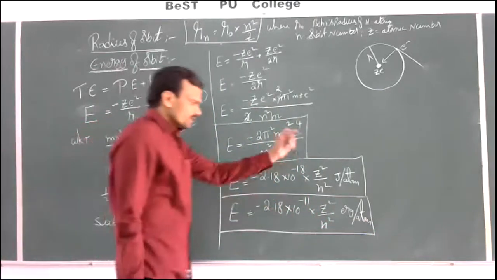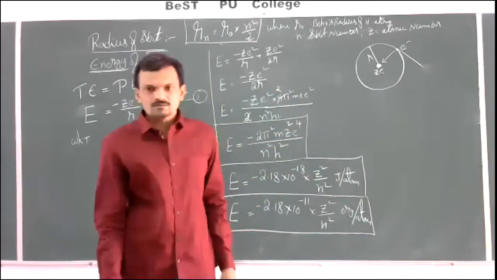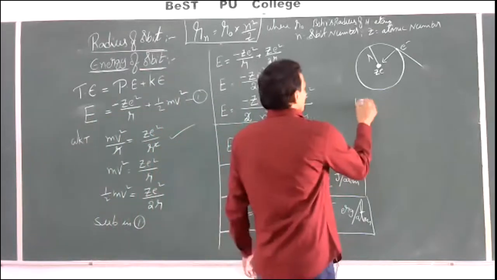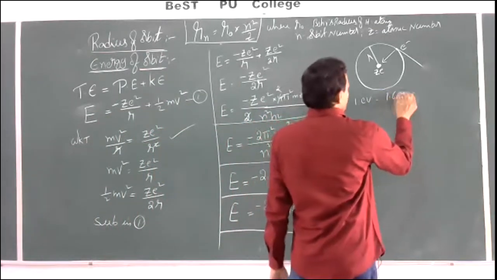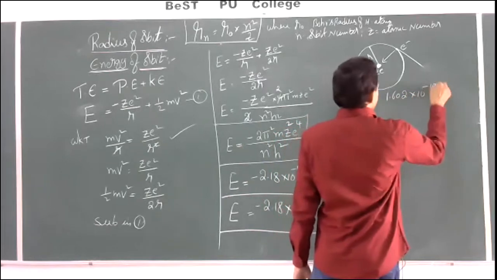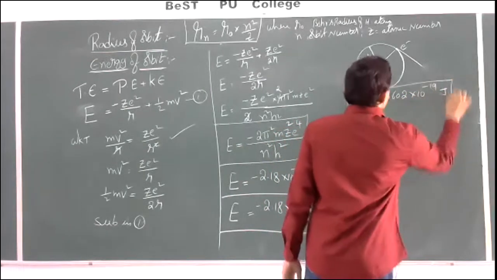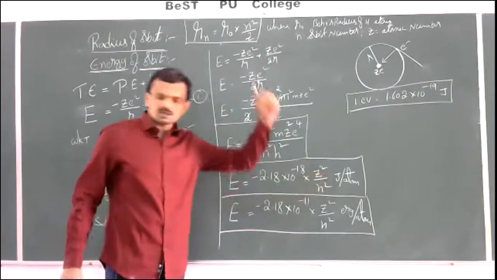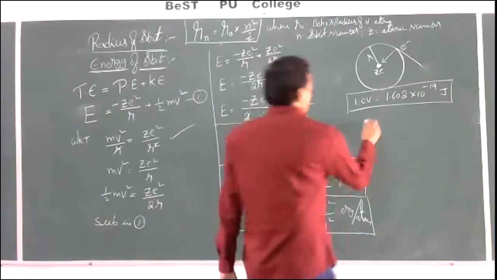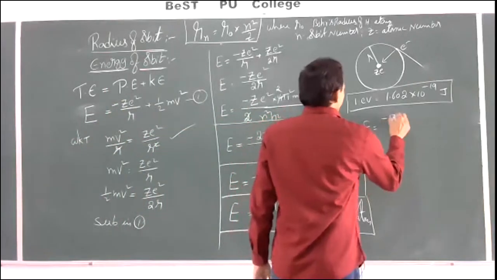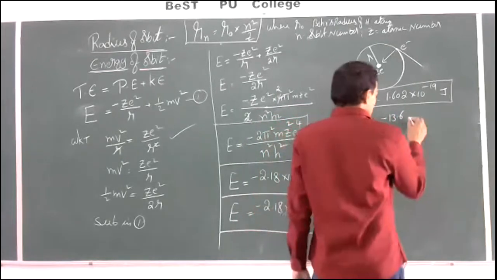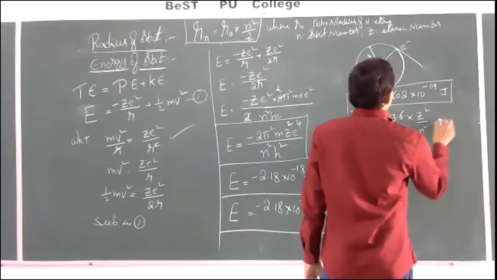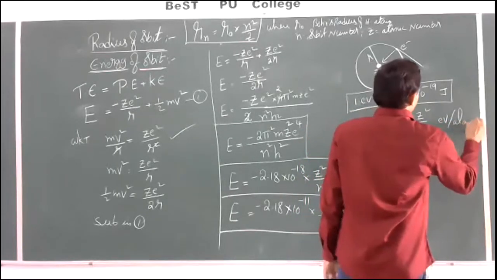Otherwise, if you convert this in terms of electron volts, as you know, 1 electron volt is equal to 1.602 into 10 to the power of minus 19 joules. Now if we convert joules into electron volts, we get E is equal to minus 13.6 into Z square by N square electron volts per atom.